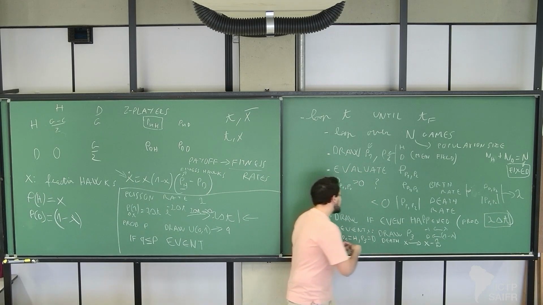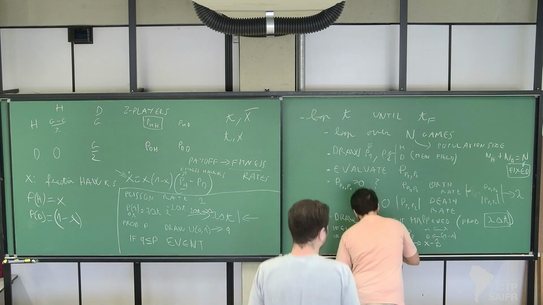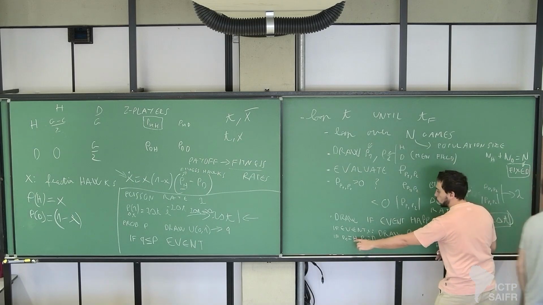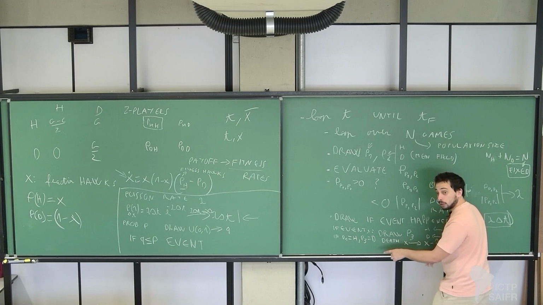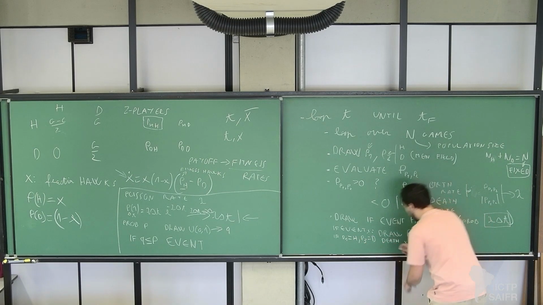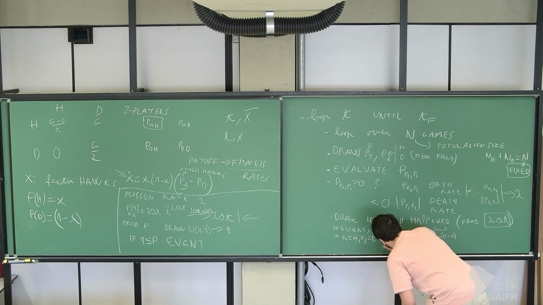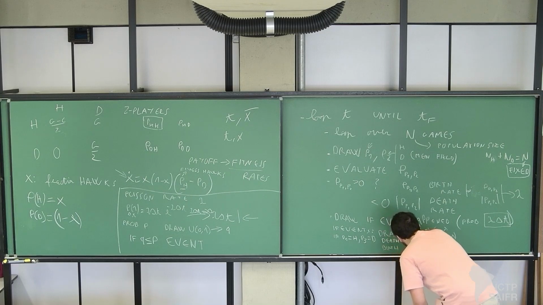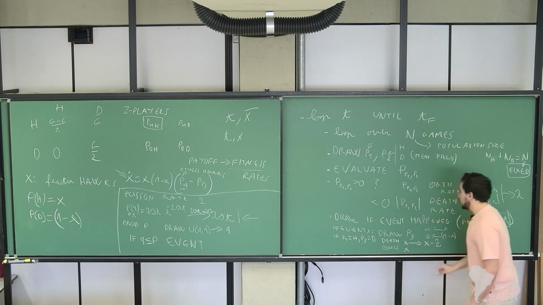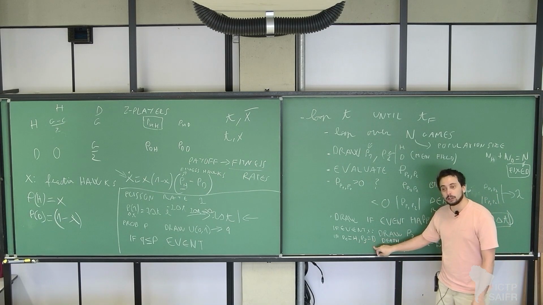So, if it's a birth, if these two conditions are true, so if player 1 is a hawk and player 3 is a dove, and this is a birth, then this means that a hawk replaces a dove in this case, okay?